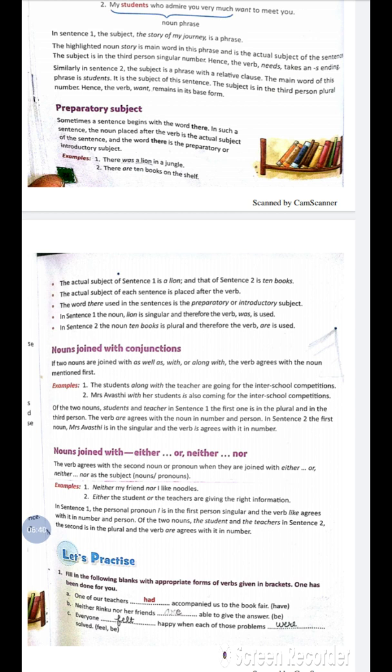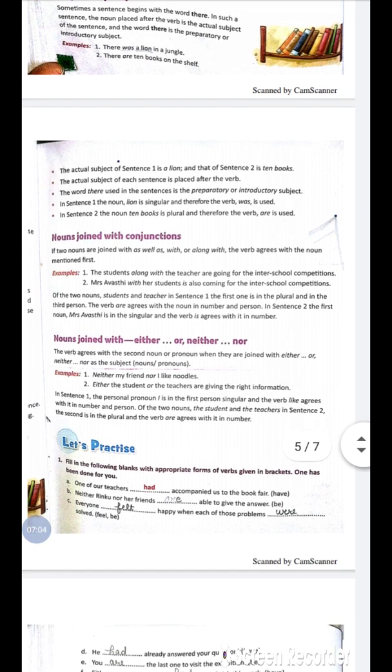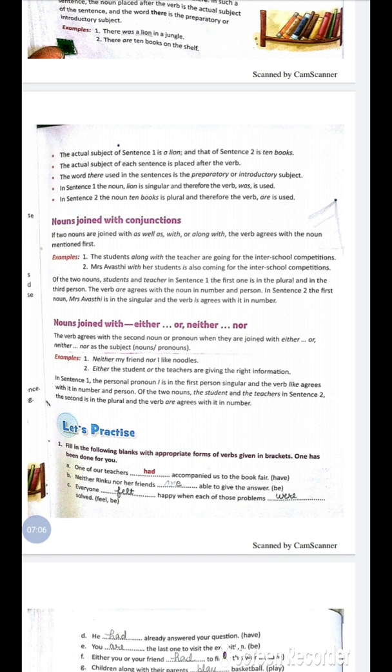Neither my friend nor I like noodles. Either the student or the teachers are giving the right information. Teachers is the nearby subject, so we will use the plural form of the verb, are giving.